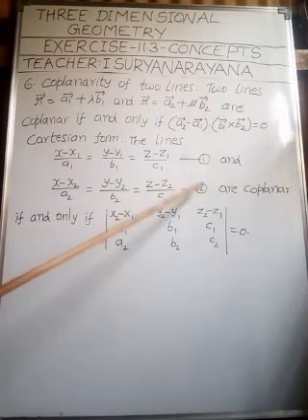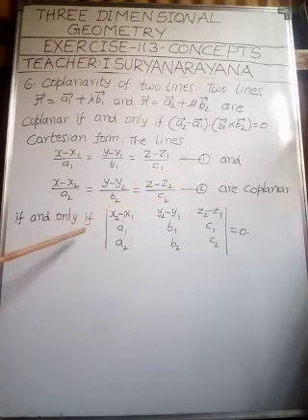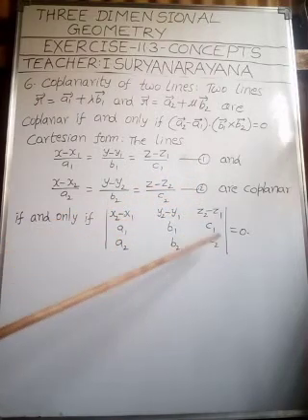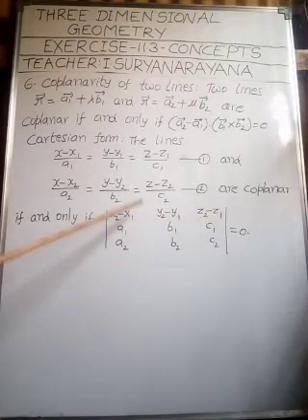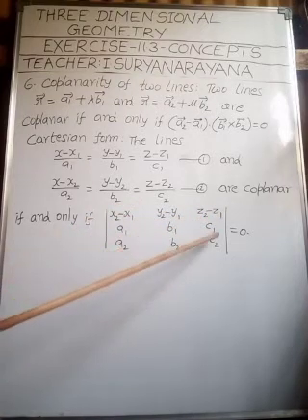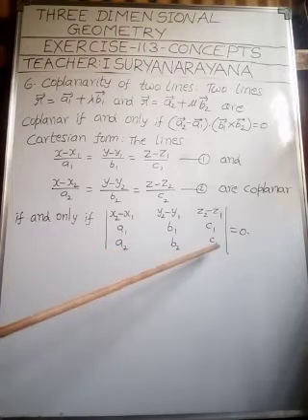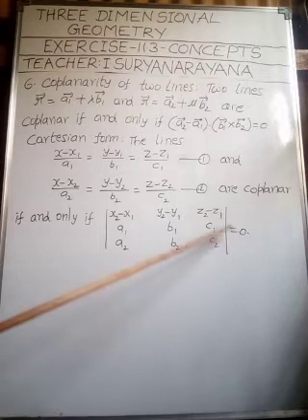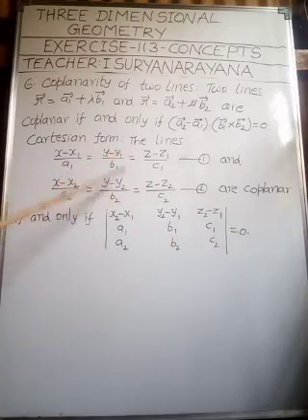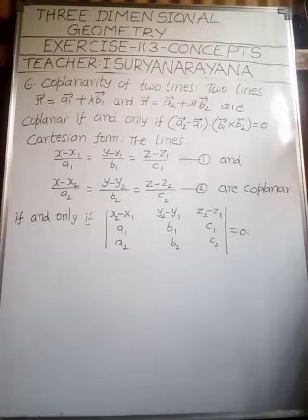Then these two lines are said to be coplanar if and only if the determinant of x2 minus x1, y2 minus y1, z2 minus z1 in the first row, a1, b1, c1 in the second row, and a2, b2, c2 in the third row is 0. Then these two lines are said to be coplanar. Understood this point, my children? Right.